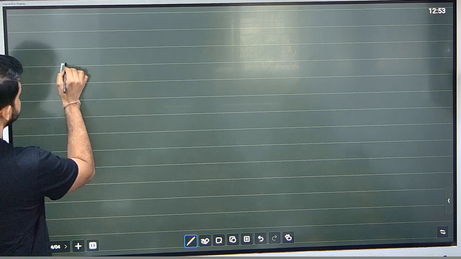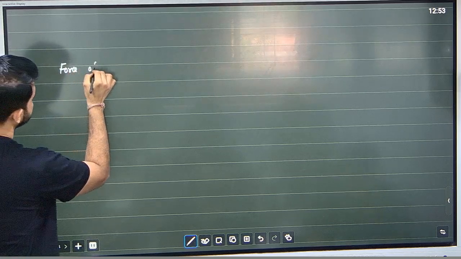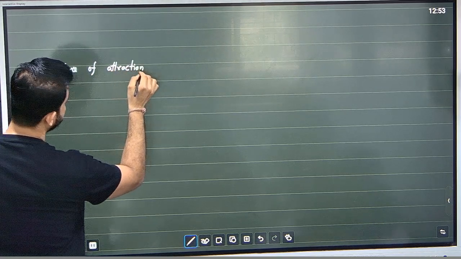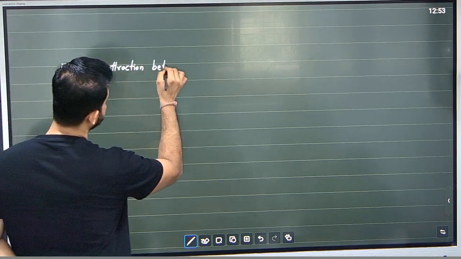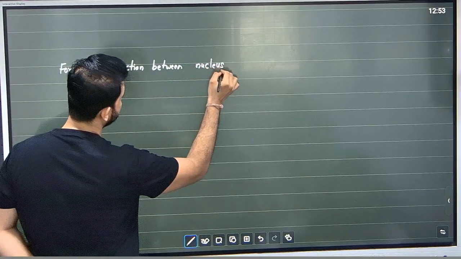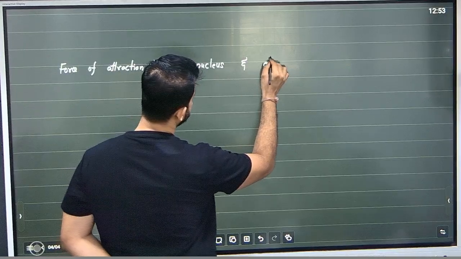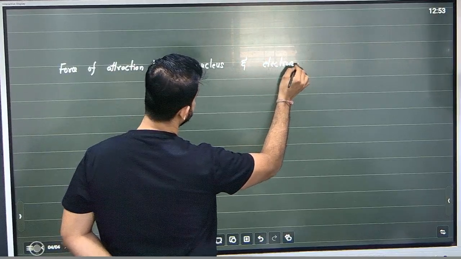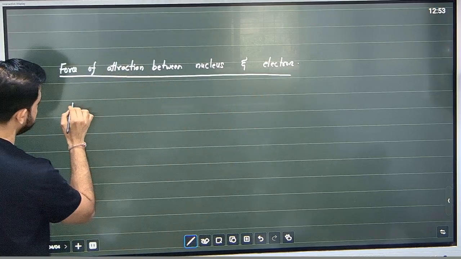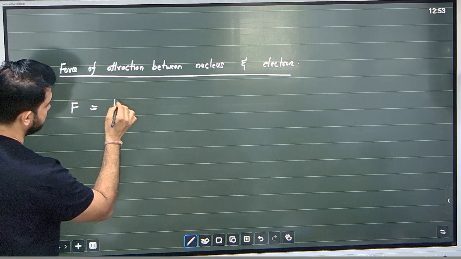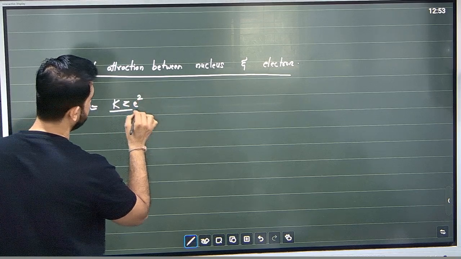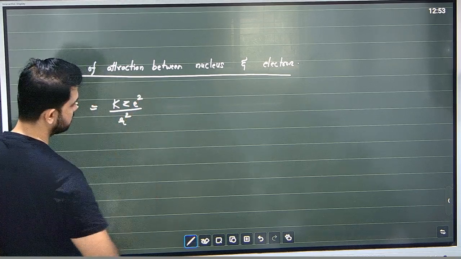What was the force of attraction between the nucleus and electron? I repeat, what was the force of attraction between the nucleus and electron? F is equal to k z e square upon r square.